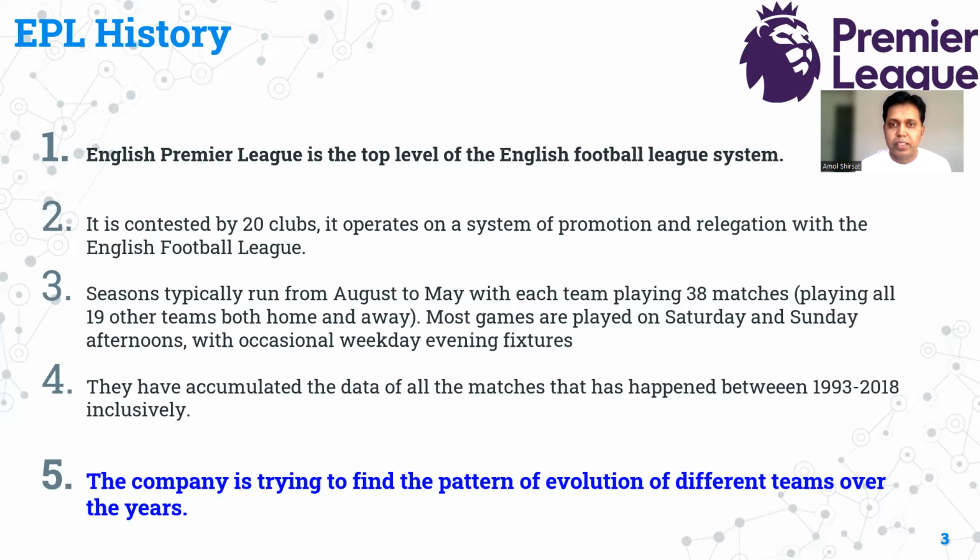So a total of 38 matches are played by each team, and we have the data for 25 seasons, starting from 1993 till 2017-2018, and as a part of EDA, we'll be doing the analysis and finding out the evolution of this EPL across the seasons.